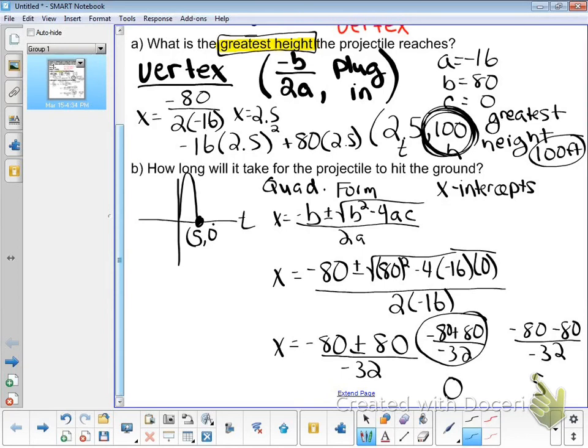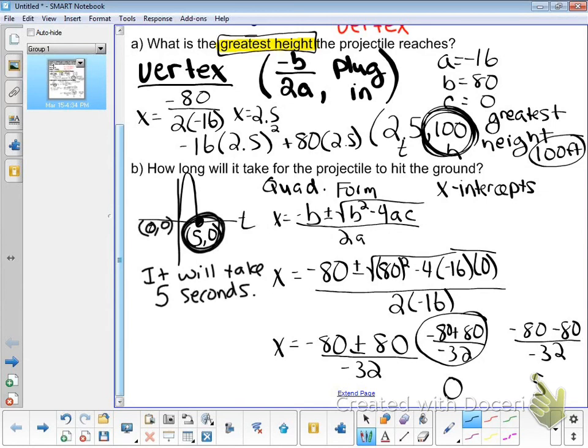It can't be (0, 0), because that's my starting point. I want my ending time. So the answer is, it will take 5 seconds.